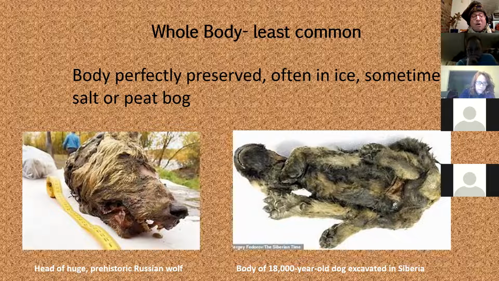From what I saw of the whole body, and you can see the tape there, this thing was almost the size of a pony. I would not want to run into one of these alive. I think we know who would win that battle.